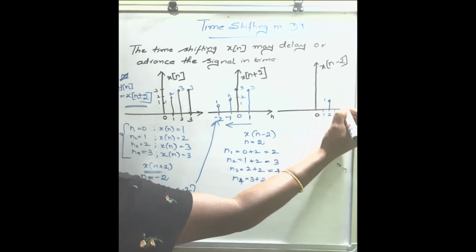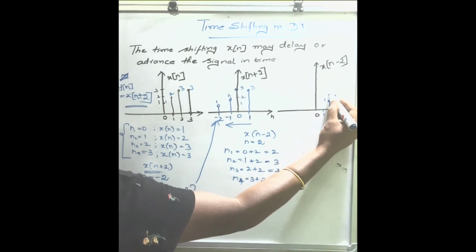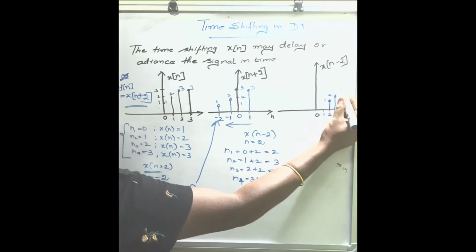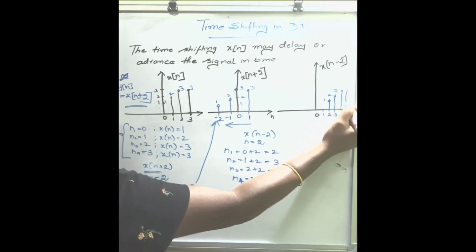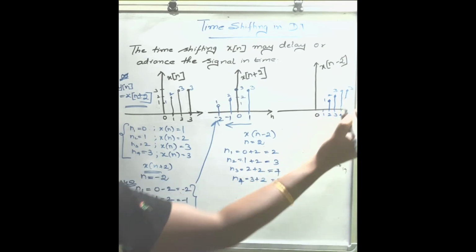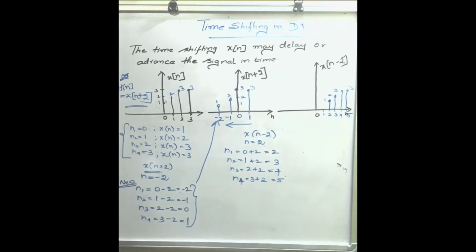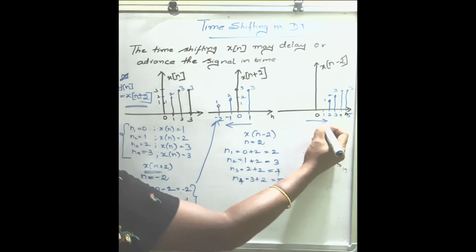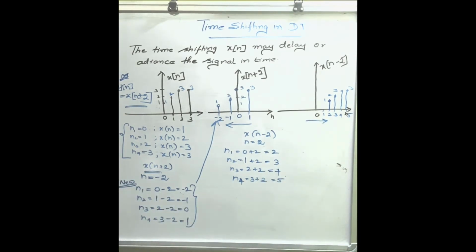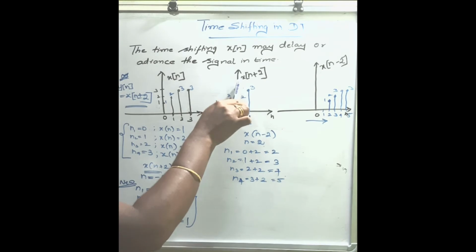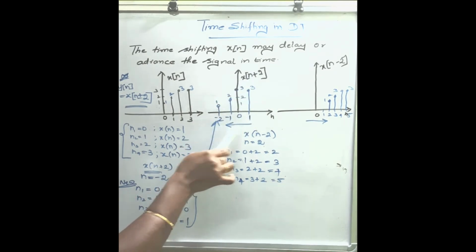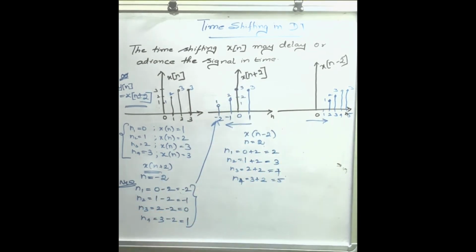This is 1, here it becomes 2, 3, and this is again 3. So this is the new delayed signal. When x is equal to n plus 2, you get an advanced signal, and this is the delayed signal. This is all about time shifting in discrete time.